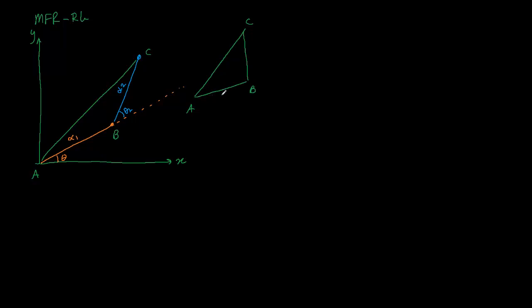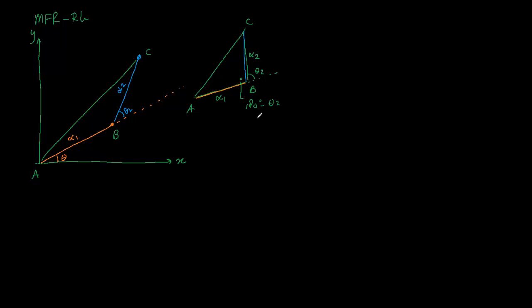So first, what do we know? We know that this side is length alpha 1 and the second robot arm is length alpha 2. Actually, this is the blue arm and this is the orange one. Is there any more information? Well, we know that this angle is theta 2, so this one here is probably 180 minus theta 2.